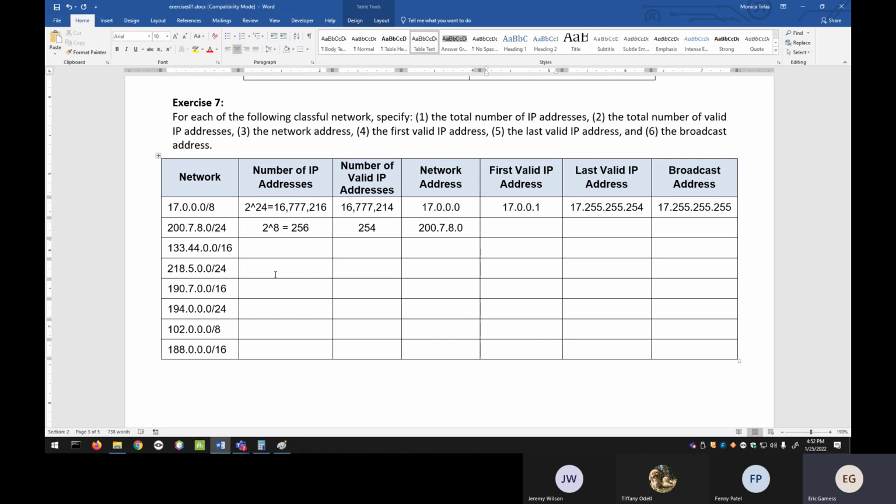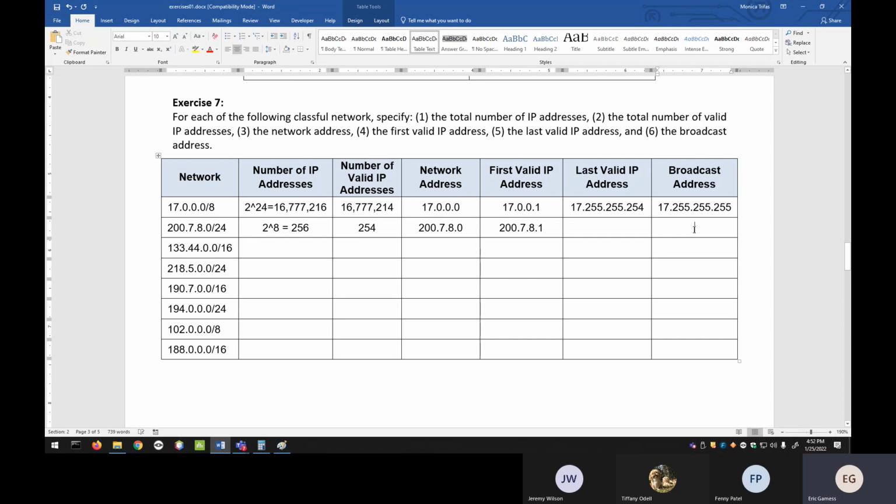So what will be the first valid IP address? It will be one IP address after this one. What is one IP address after this one? Of course, it will be 200.7.8.1.